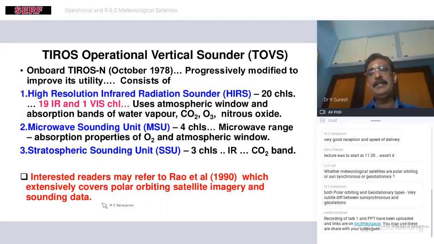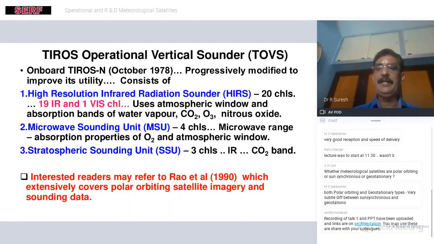The radiosonde information can be derived from satellites, maybe at a finer resolution than what the ground radiosonde stations provide, because as of now the ground radiosonde stations are sparsely located. Maybe one in 250 kilometers, 300 kilometers, 450 kilometers, sometimes very close also, but they are not equidistant.